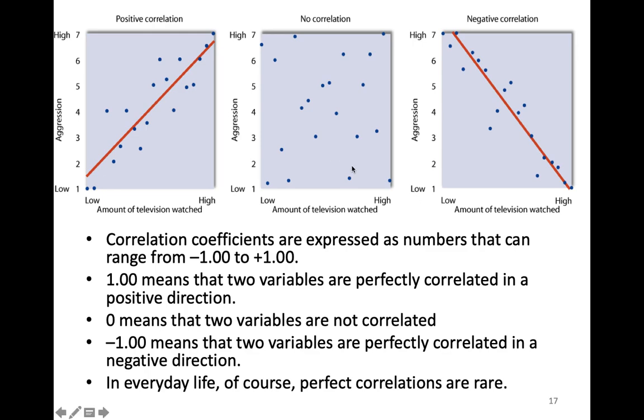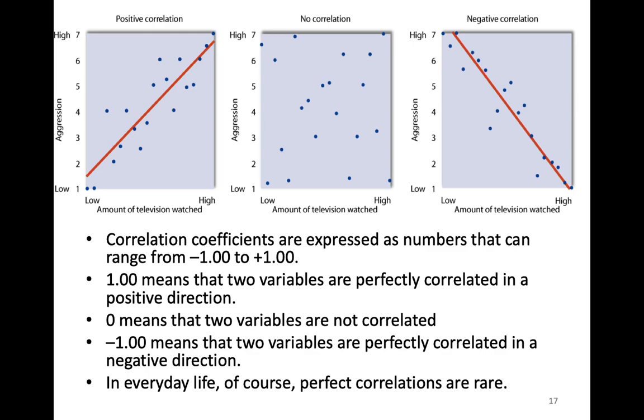So what you could find is that there is a positive association between the amount of television watched and aggression. And it's been found to be the case, to the extent that children watch violent TV in which there are characters that are acting in a violent manner. We know that children model behavior that they see.